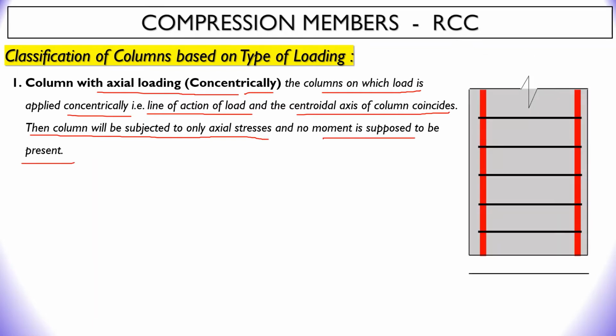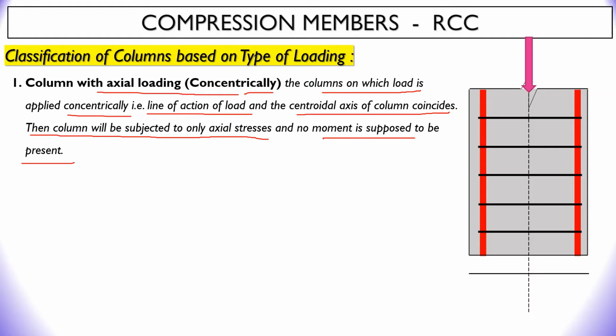Now here, let us see this diagram carefully. This is a tied type of column, and main reinforcement is provided as well as lateral ties. This dotted line indicates the centroidal axis of the column, and some load is applied from the top, and this is a compressive type of load.